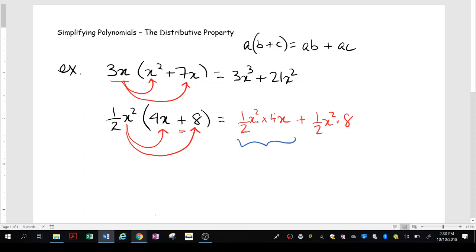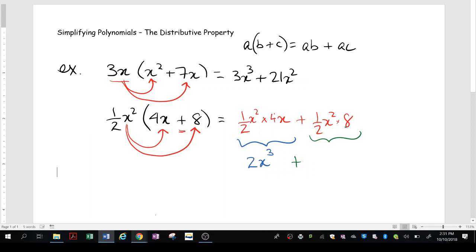So in this first term, we have our coefficients, 1/2 times 4, well 1/2 times 4 is just 2, and then we have our variables x squared and x, and when we multiply those we get x cubed. Now we're adding the next term, and in this term our coefficients are 1/2 and 8.